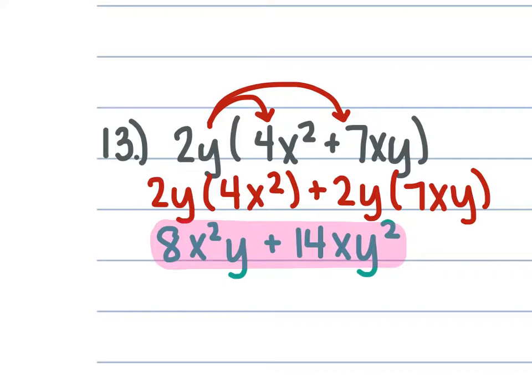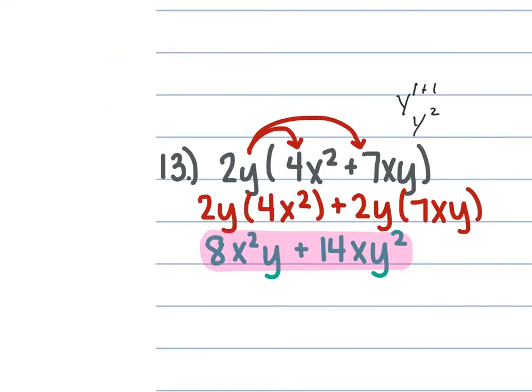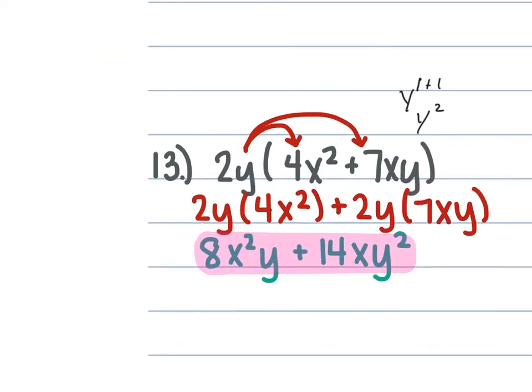But those y's became a y squared because y to the first power times y to the first power. When that happens, we get y to the 1 plus 1, which is y squared. That's only going to happen when you multiply. You're adding the exponents there. That only happens when you multiply. So if you're stuck and you're changing exponents, you better have multiplication going on there.